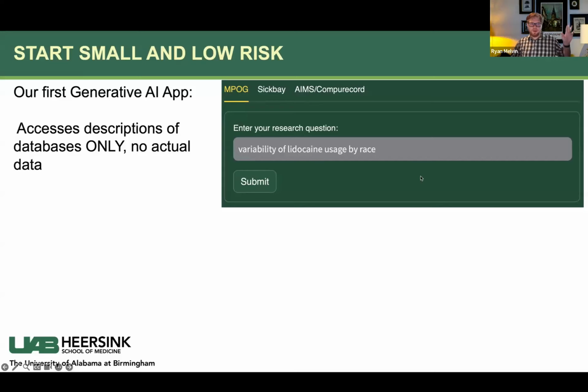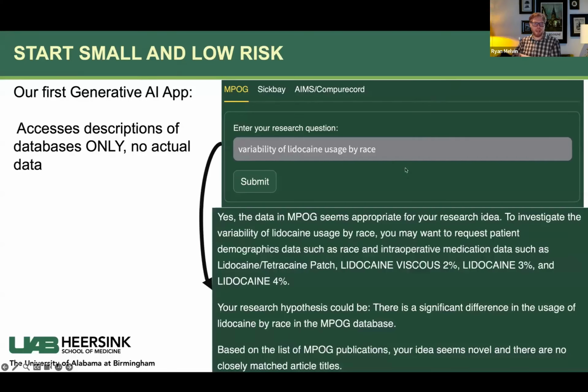And a generative AI will search the descriptions of these databases and figure out whether your question could be answered with retrospective data. And it'll even tell you what data elements you might want to request from our data experts. And so we like to think of this as almost a conversational version of I2B2. That's sort of our fun analogy.